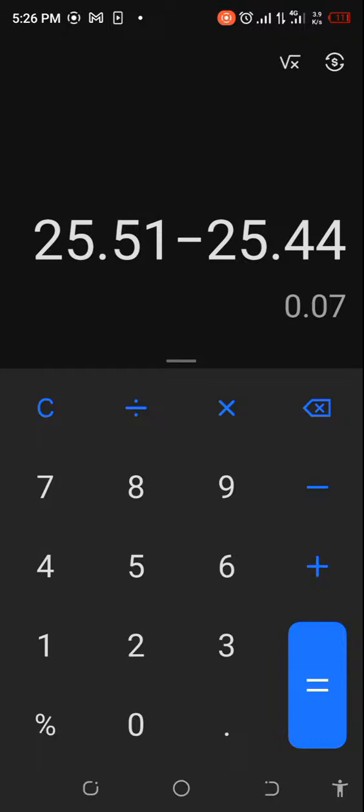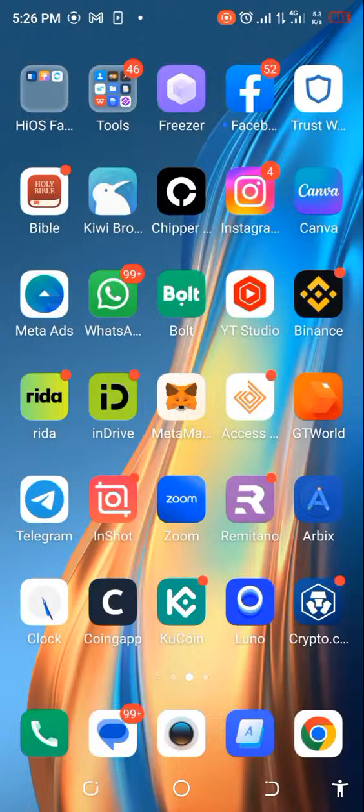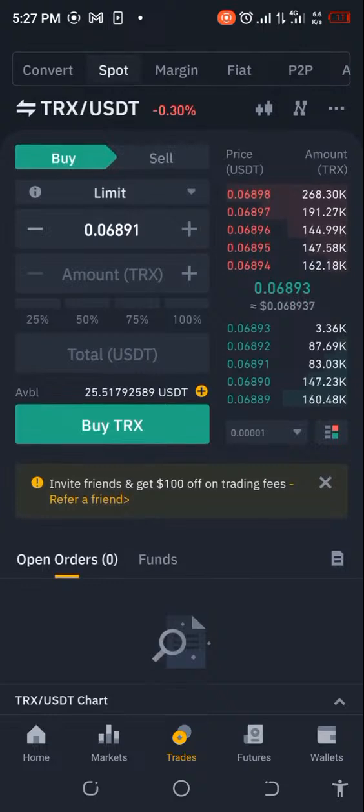Now, why is this amount a little bit on the small side? It is because I'm using a small capital, and the transfer fees are the same. Except for the trade fees, the transfer fees remain the same. So for instance, if I use $200, by the time I'm coming back, I will pay the same one TRX for $200 worth of TRX, and it's the same one TRX for $25 worth of TRX.